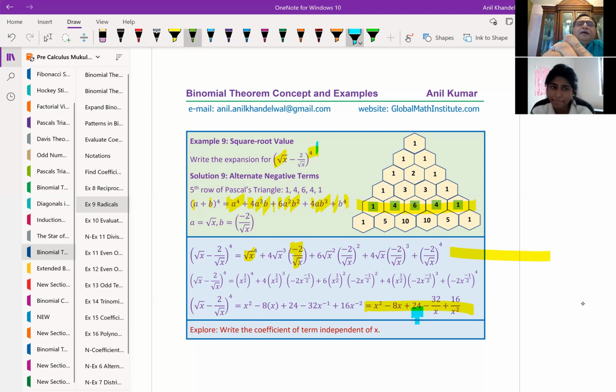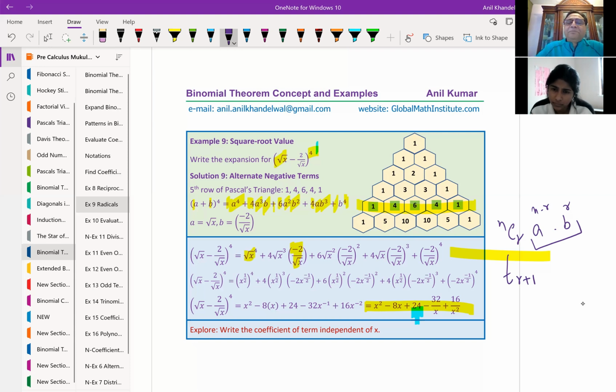What we will do is, we know that the general term will be NCR, correct? NCR, a to the power of n minus r and b to the power of r, right? This general term is actually term number Tr plus 1 because NC0 is the first term, correct? Now, if you want independent of x, that means when you multiply these two terms, the exponent for x should be 0, right?